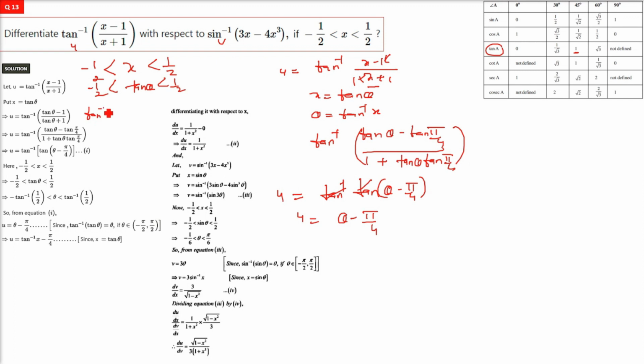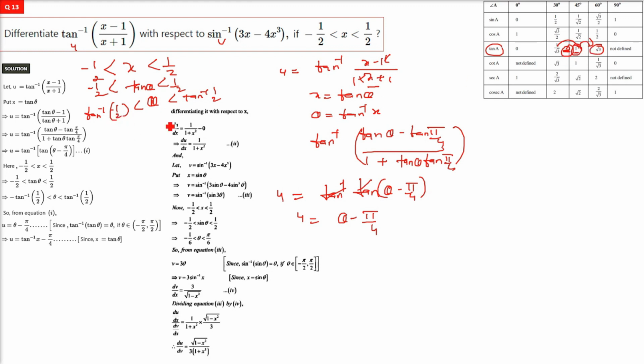Between 1 by root 3 and 1, in between you will get 0.5. So when you take tan inverse of negative half and tan inverse of half, you will get a value between these. So there is no point we are going out of the bounds. So this is acceptable. Alright, so it is in the range.